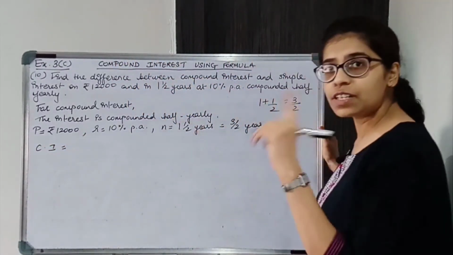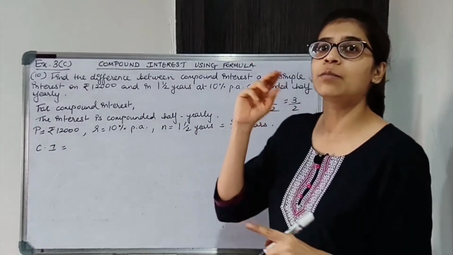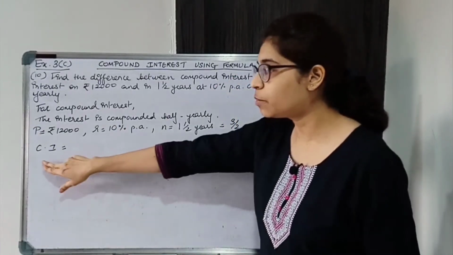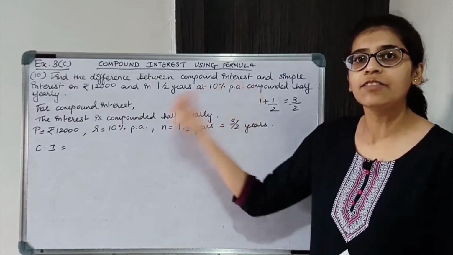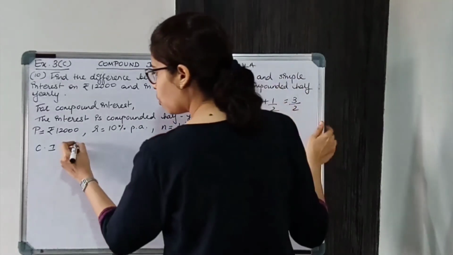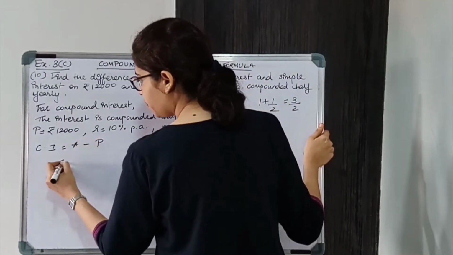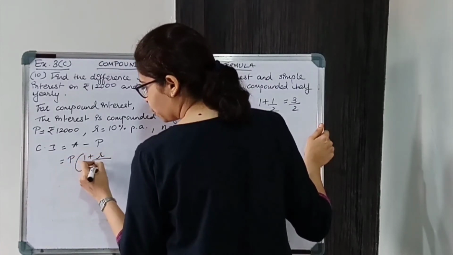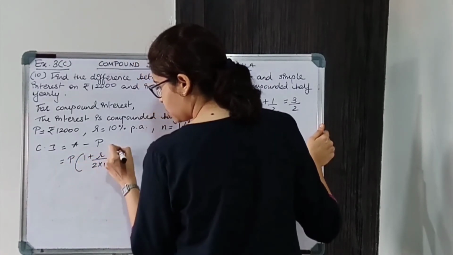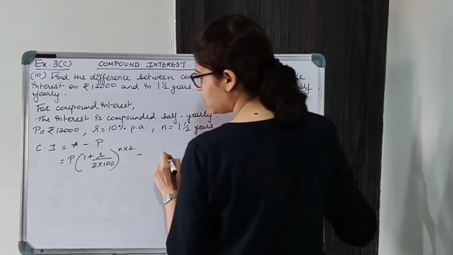In the previous sum, we had to find the amount in parts, so we couldn't find compound interest directly. Here you can find compound interest directly because we will directly find the amount. So amount minus principal. Amount will be principal into 1 plus R upon 2 into 100 raised to n into 2, minus principal.